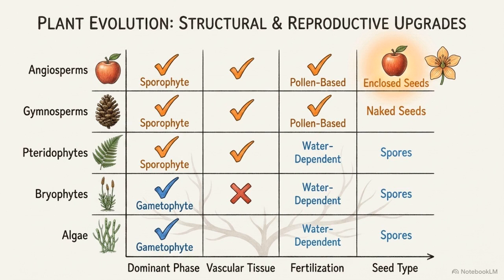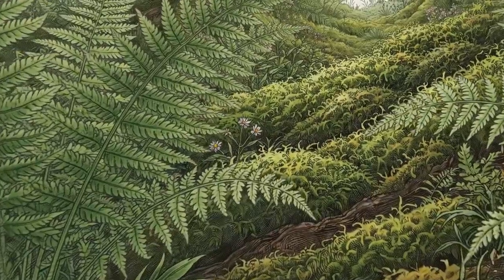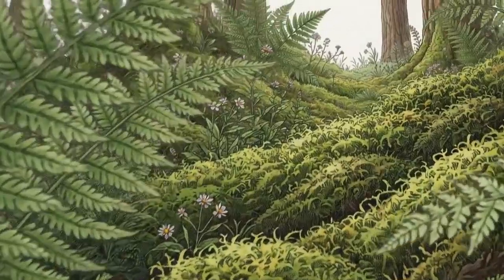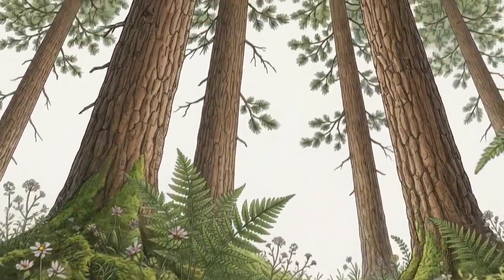This leads to angiosperms, which evolved flowers and fruits to protect seeds and diversify reproduction. This systems-level view explains why modern taxonomy focuses on internal features, like anatomy and embryology, rather than the superficial traits used in the past. Every terrestrial plant is a living record of these engineering solutions, documenting how life systematically overcame the challenges of the dry land.